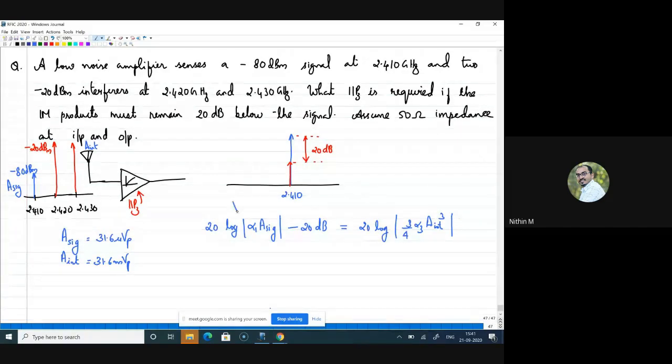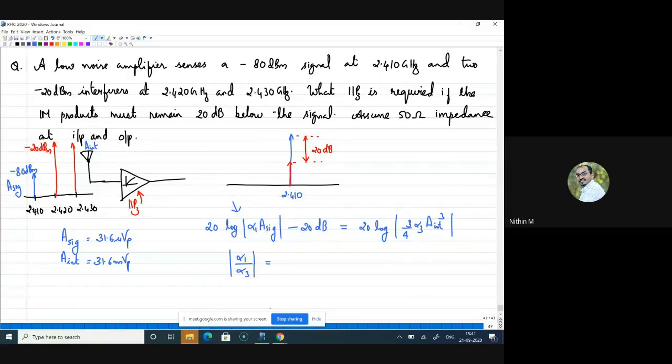So this is the fundamental component at the output. From that I am deducting 20 to get the value of 20 log 3 by 4 alpha 3 A_in cubed. That is nothing but your IM3 component at the output. Right. So in this, A signal and A interferer are known. Only alpha 1 and alpha 3 are unknown values. So we will get the value of alpha 1 by alpha 3 from this.